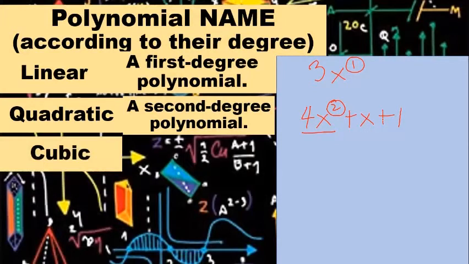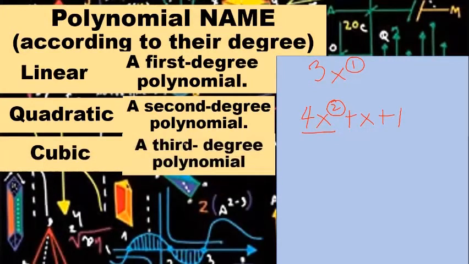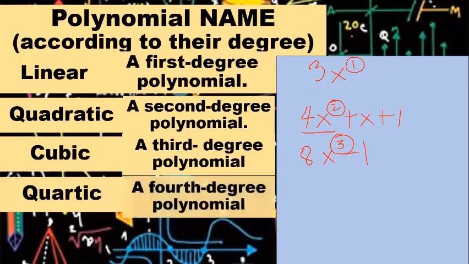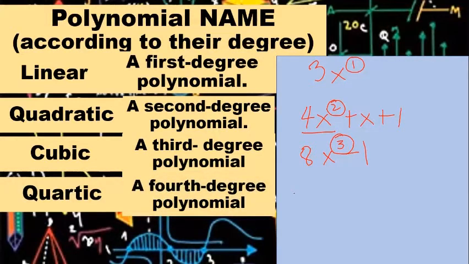Next, cubic. It is a third degree polynomial. So we have 8x cubed minus 1. So the first term, we have 3 as the exponent. So this is a third degree polynomial. So therefore, 8x cubed minus 1 is a cubic. Next, quartic, a fourth degree polynomial. Say for example, 5x raised to the fourth power plus x cubed minus 3.